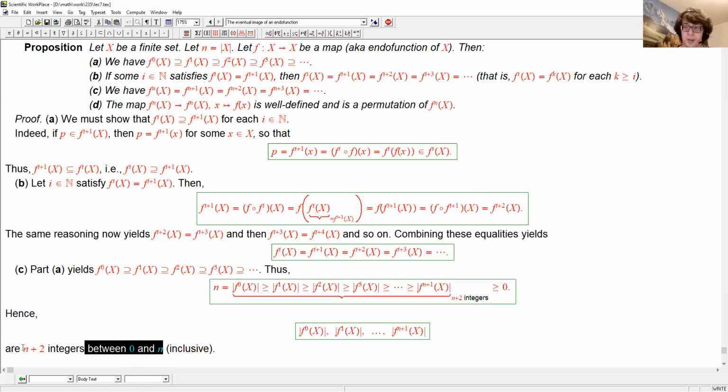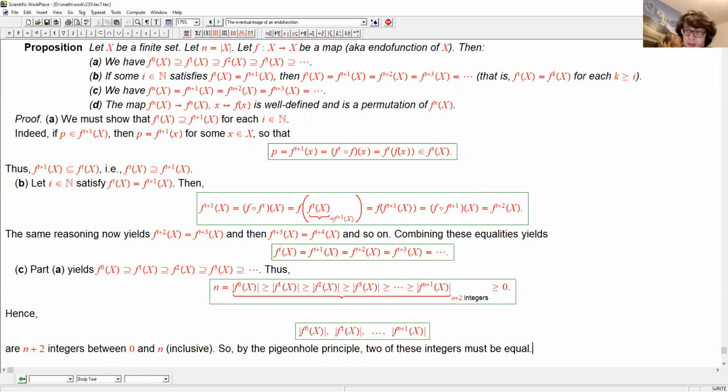So we have again too many pigeons and too few holes. So by the pigeonhole principle, two of these integers must be equal. And because they're weakly decreasing, because they're in decreasing order, this means that consecutive ones are equal.